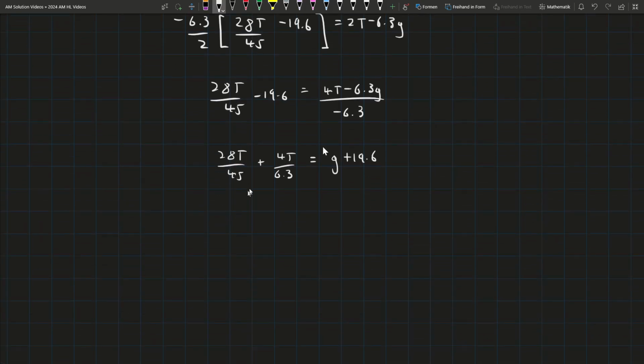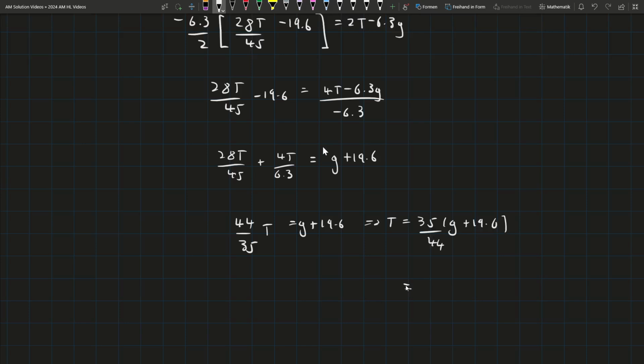And then we can get a number on this, so we can say 28 over 45 plus 4 over 6.3, that's going to be 44 over 35, and that's still multiplied by the T, equals g plus 19.6. So that means that T equals 35 times (g plus 19.6) over 44.